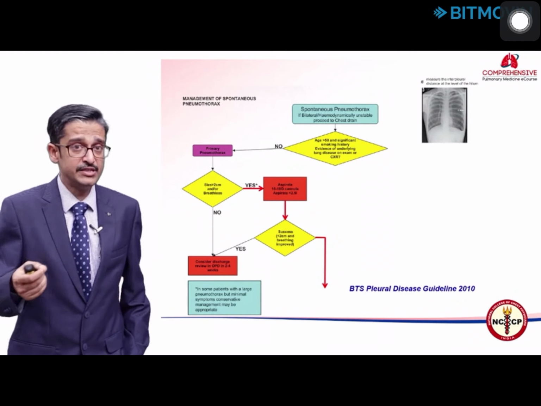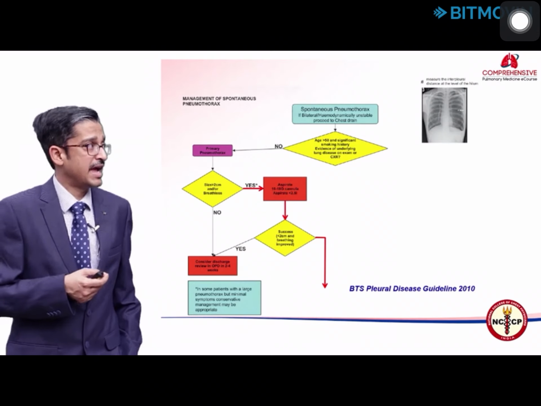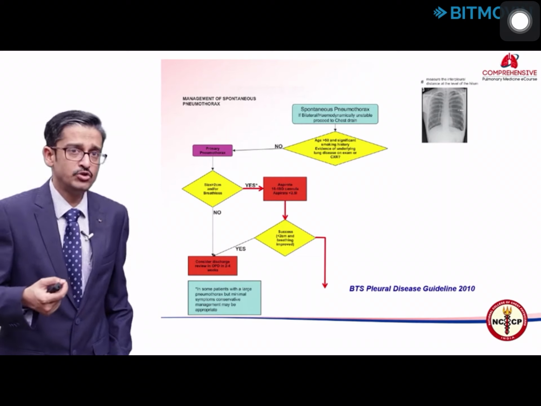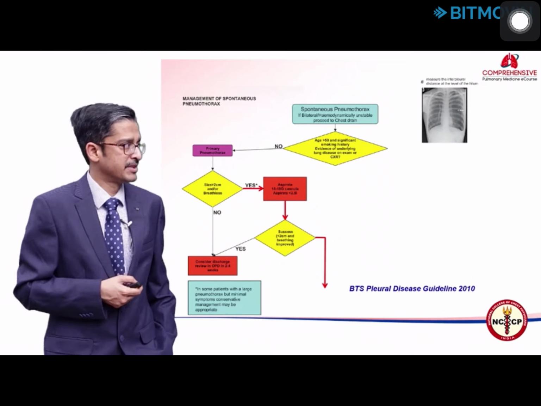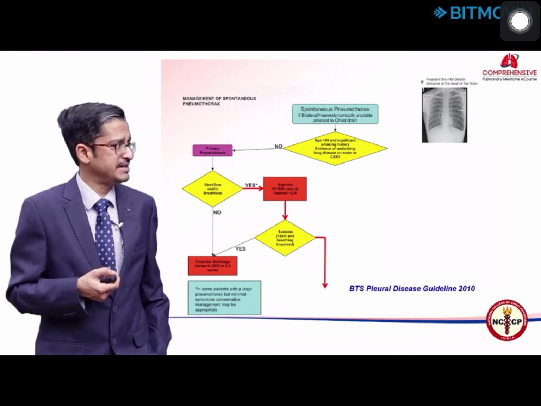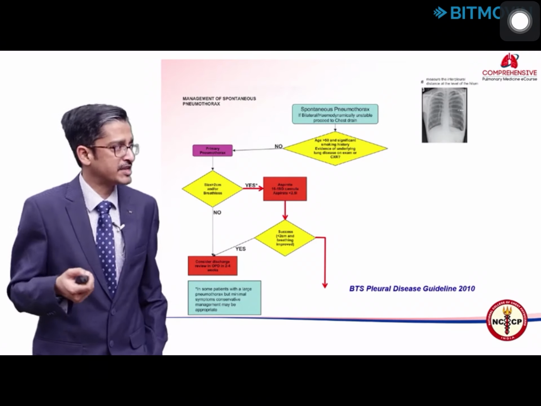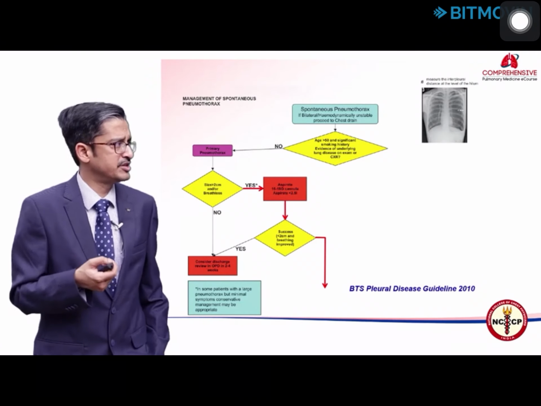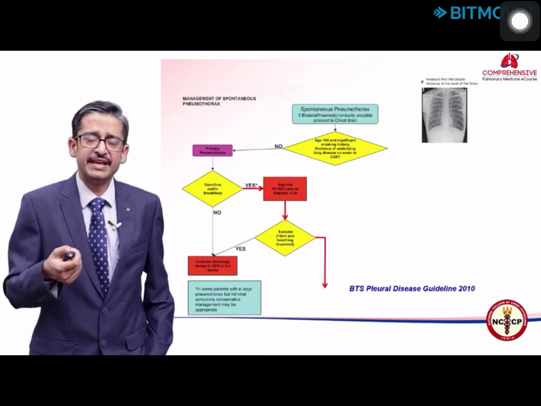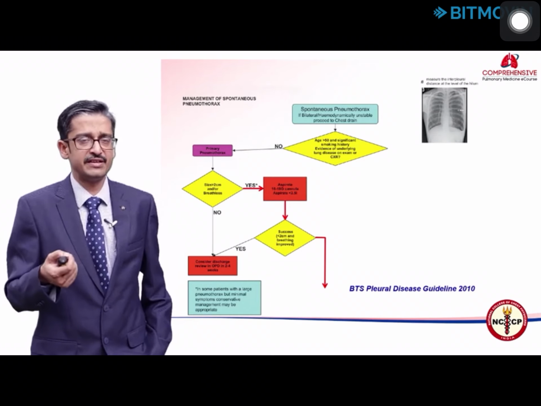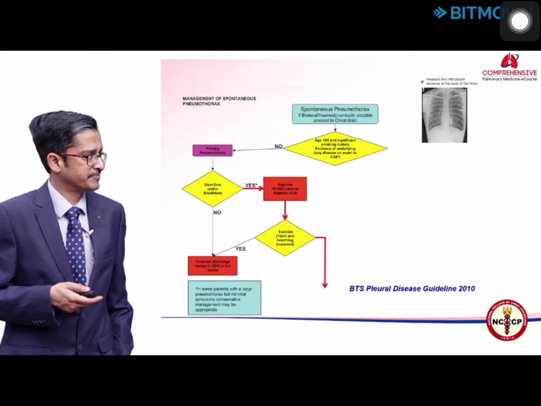If your answer to these questions is a no, and you infer that the patient has a primary spontaneous pneumothorax, you determine the size of the pneumothorax. If it's more than 2 centimeters in size and the patient is breathless, then you put a needle in, you aspirate, and if the aspiration is less than 2.5 liters, it's likely that the lung has expanded with your maneuver, and you repeat a chest X-ray and you ensure lung expansion.